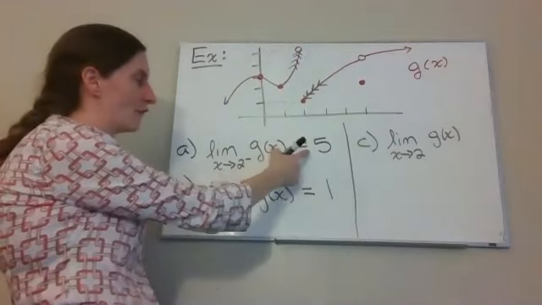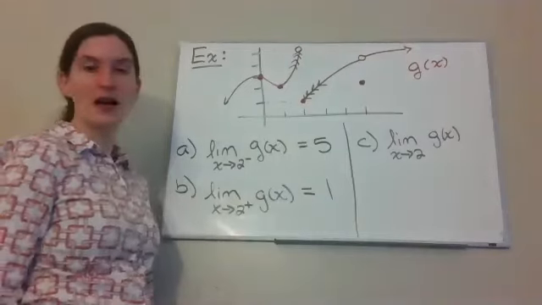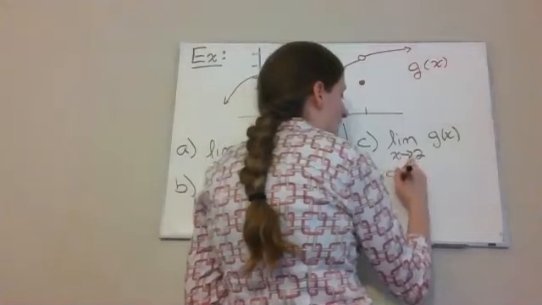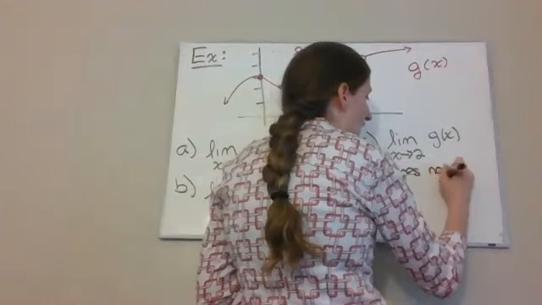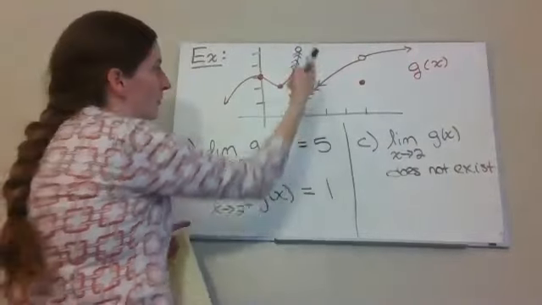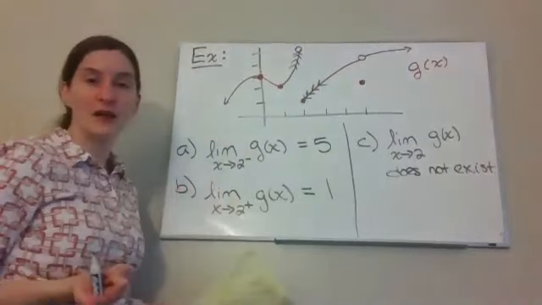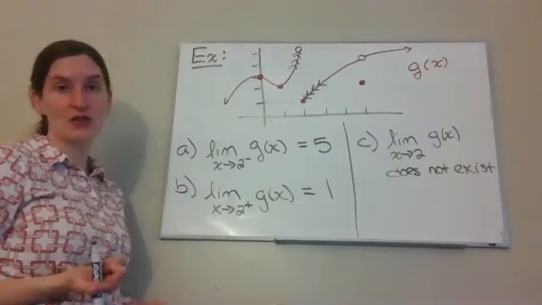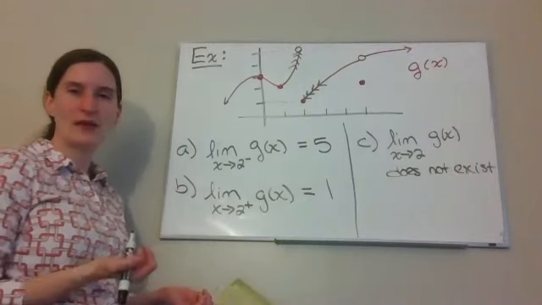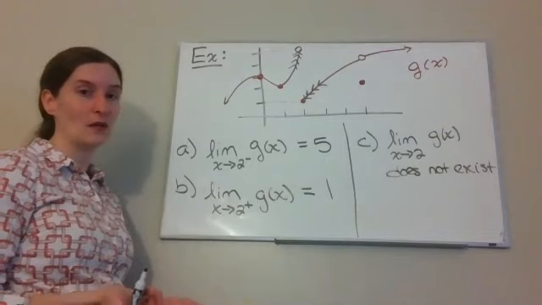Well, I got 5 from the left and 1 from the right. So they're not equal, and that means that the limit in general does not exist. Because if I approach 2 from both sides, I get conflicting information. I can't determine the behavior of the function near 2, because going from the left and right, I get different results.